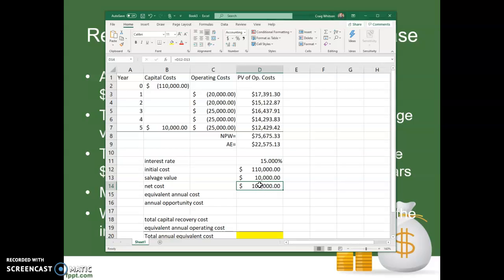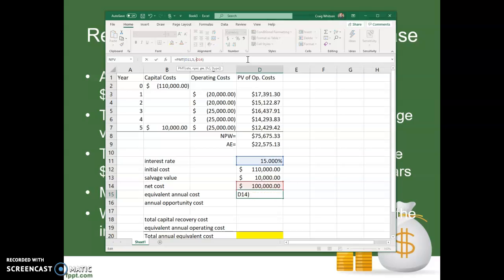So if we want to take this cost and spread it out over 5 years, we cannot just simply divide by 5. We need to use a payment function with our 15% rate. Number of periods, 5. Present value, $100,000. And again, I'm going to flip the sign here.